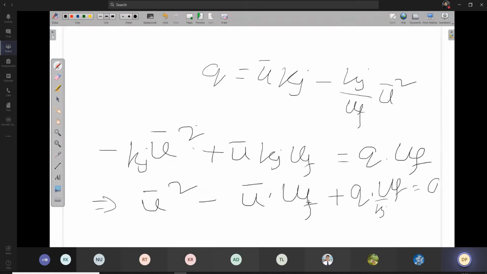Now if you differentiate this equation with respect to u bar, what will you get?